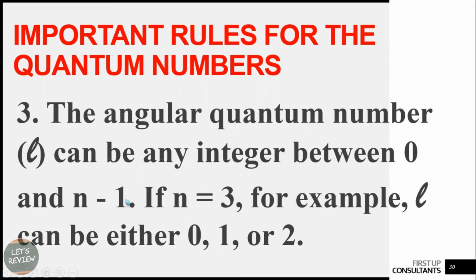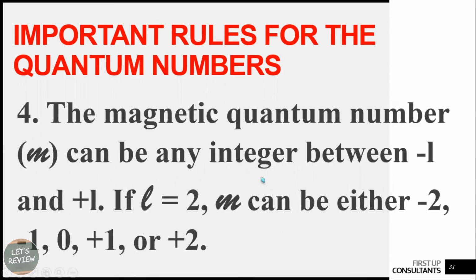Third, the angular quantum number, the azimuthal, can only be any integer between 0 and n minus 1. If n is equal to 3, for example, L can be either 0, 1, or 2. I hope that's clear. Not more than 3. Should be less than 3.